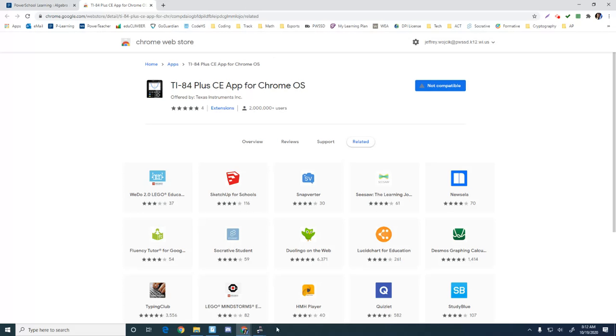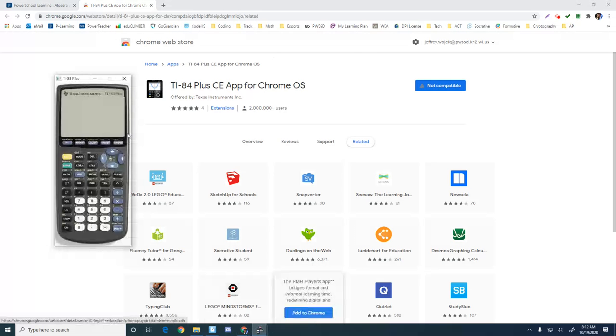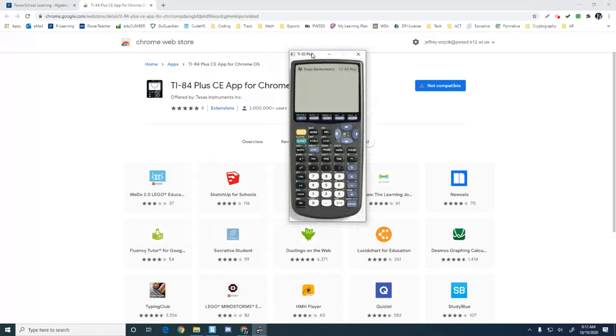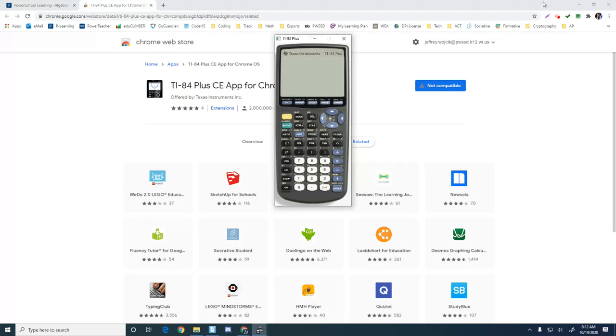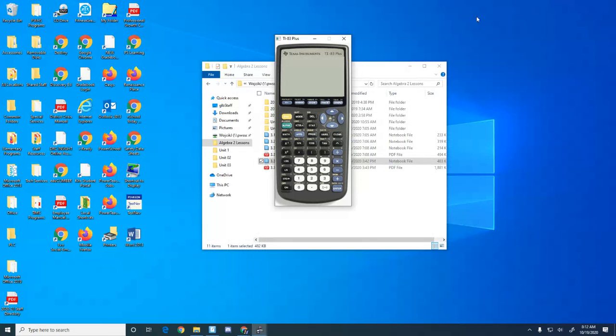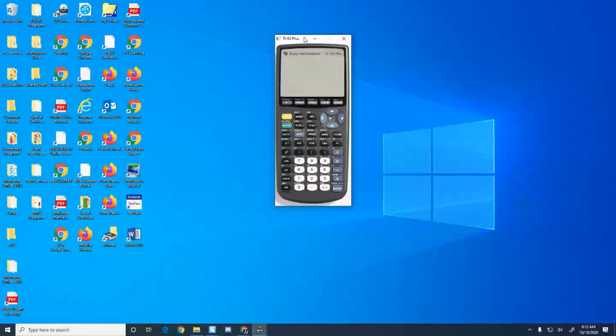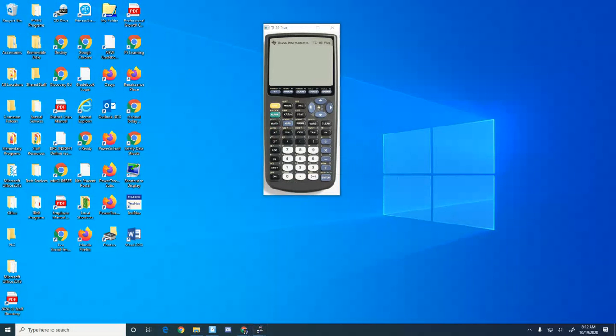So I've got an old school version of it. Mine's not as fancy. I know, it's lame. And that's super small. Let me see if I can make this bigger.